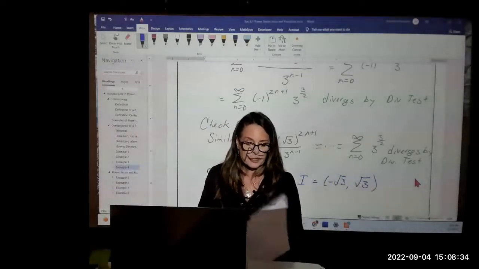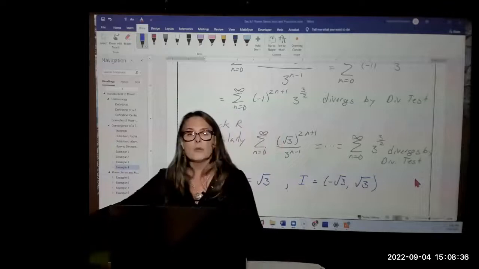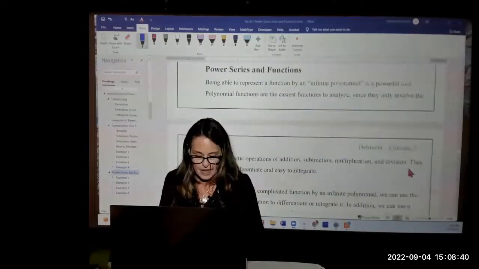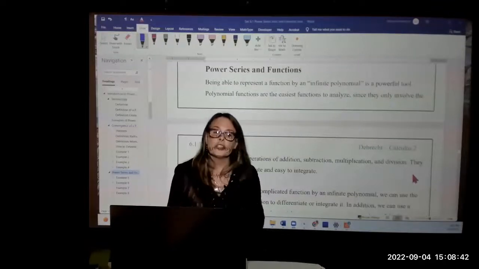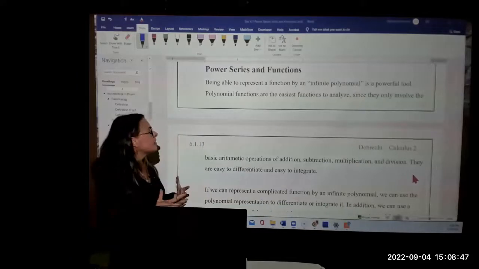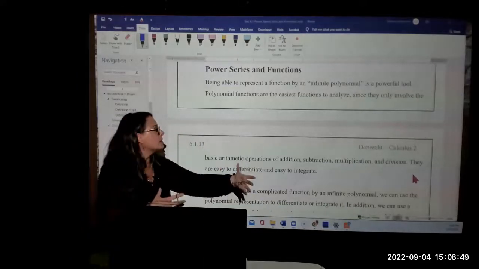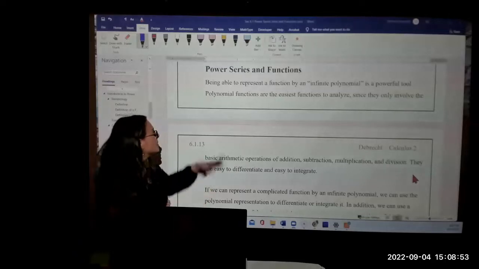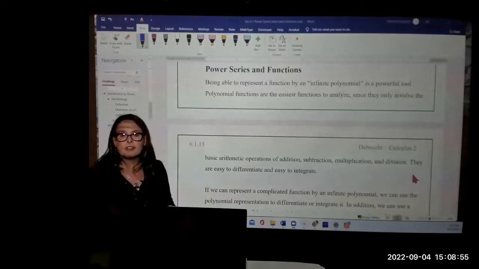Now what we want to do is take a look at power series and functions. We want to see how we can define some functions using power series, because being able to represent a function with an infinite polynomial would be a pretty powerful tool. Why? Because polynomials are the easiest functions to analyze.